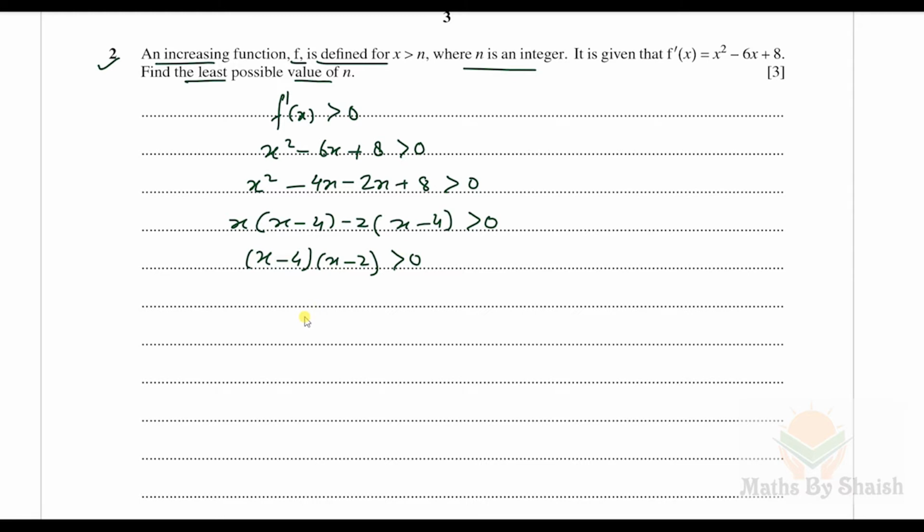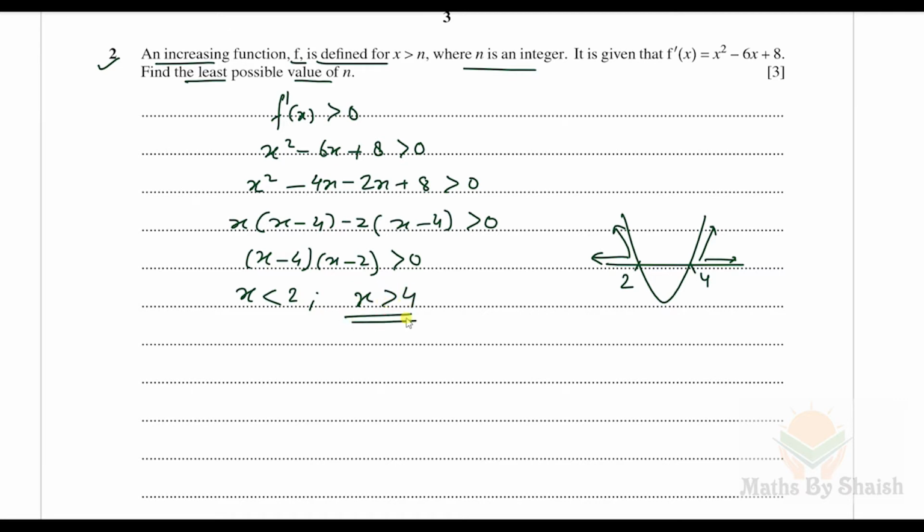So we got two values, 2 and 4, and for this inequality, for greater than 0, we'll get this part: x is less than 2 or x is greater than 4.